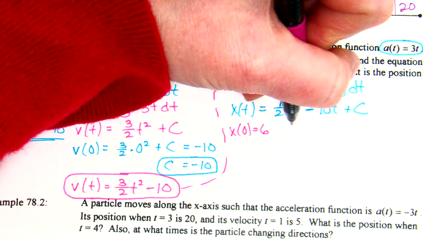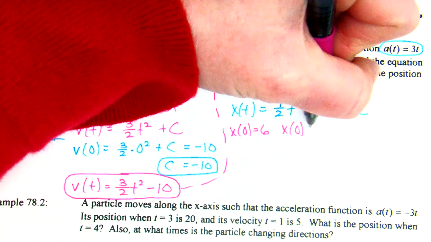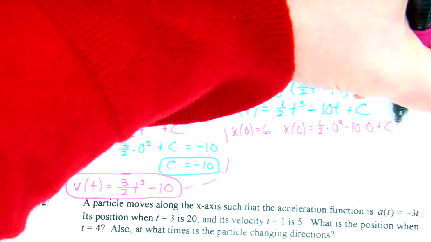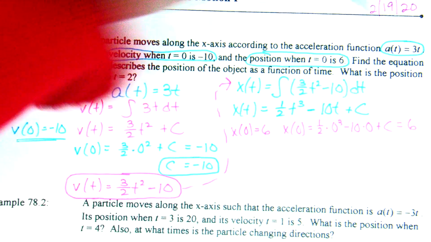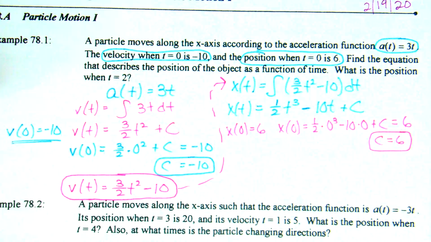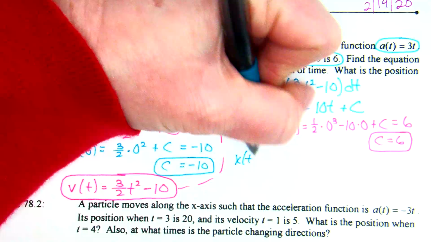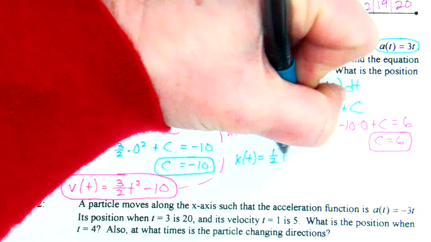If I plug in 0, it's 1/2 times 0 cubed minus 10 times 0 plus c, and that equals 6. So we do end up with c equals 6. And that means my position function, x of t, is 1/2 t cubed minus 10t plus 6.